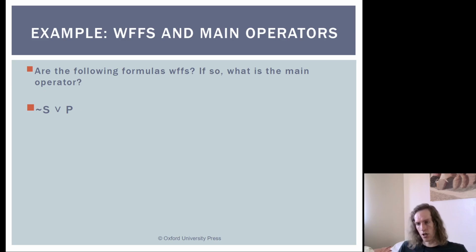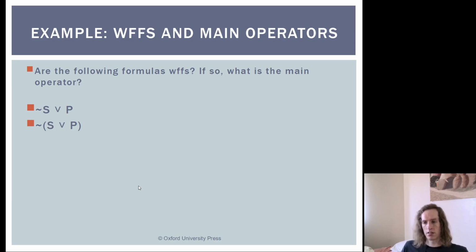But if there's no parentheses after the tilde, then the tilde is just going to be modifying the variable that's right next to it. So this is a well-formed formula. The vel is the major operator that makes this a disjunction.